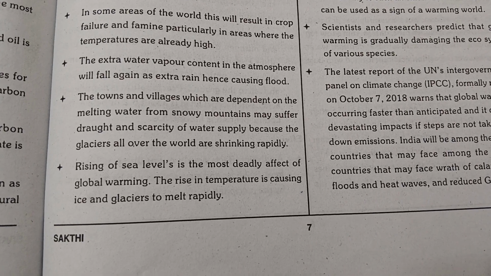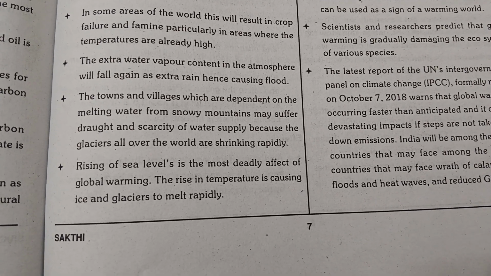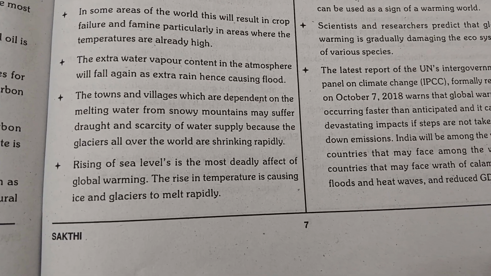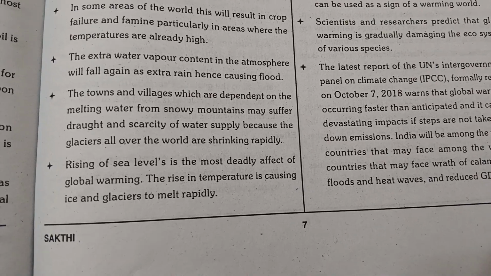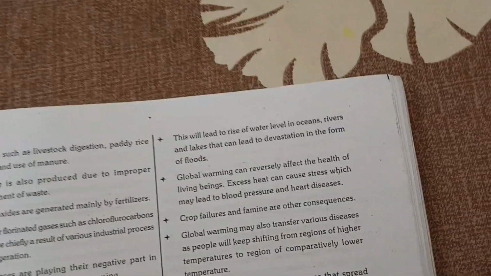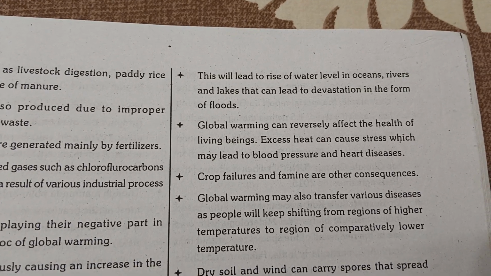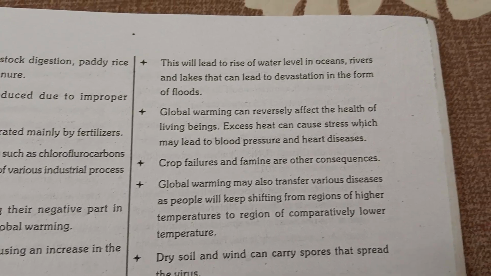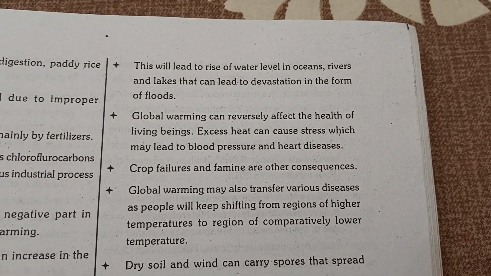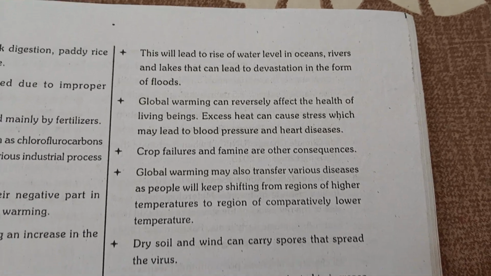Rising sea level is the most deadly effect of global warming. The rise in temperature is causing ice and glaciers to melt rapidly. This will lead to a rise of water level in oceans, rivers and lakes that can lead to devastation in the form of floods.